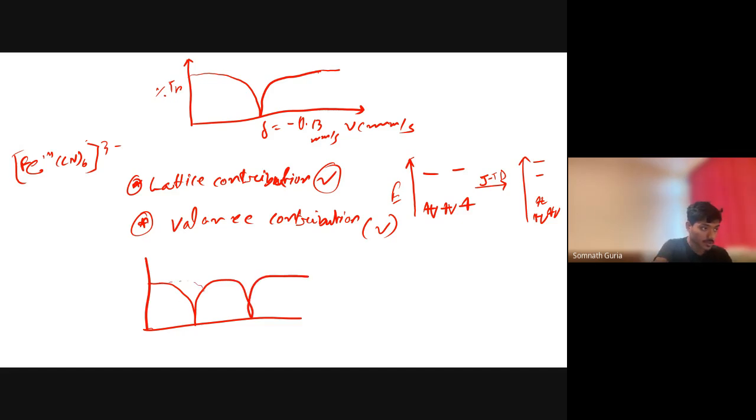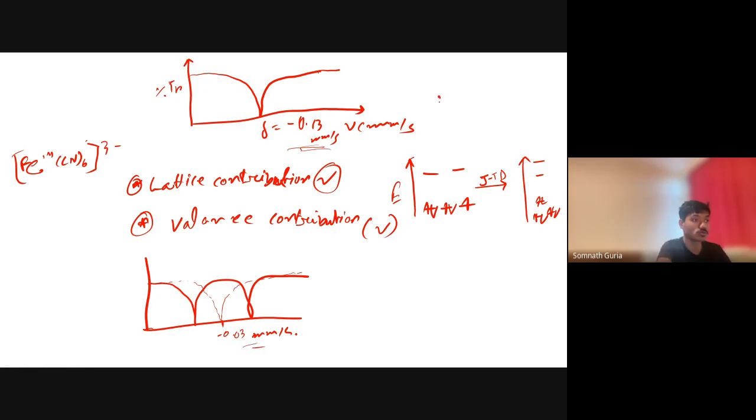If we take the middle of that, my delta value is minus 0.03 millimeter per second. Here it is minus 0.13, and here it is minus 0.03.